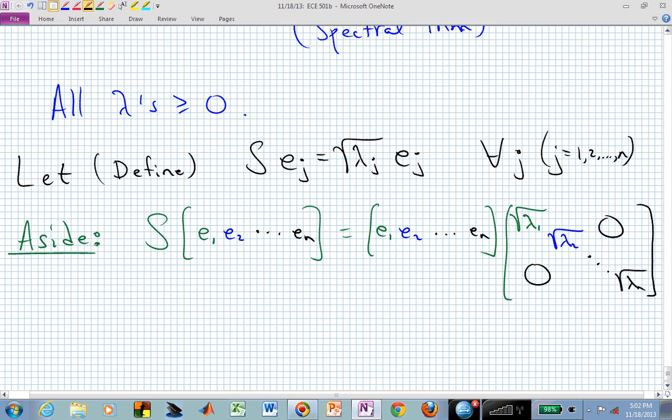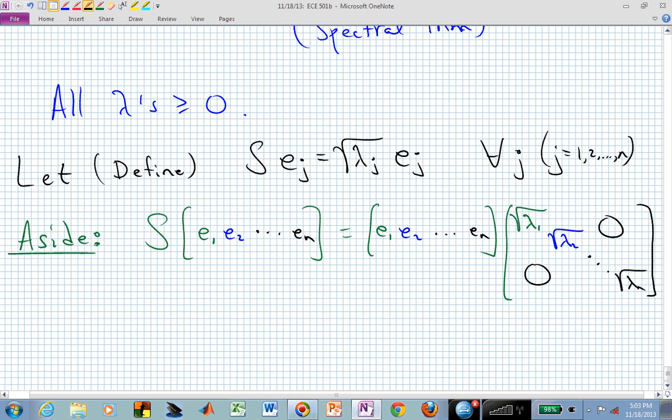They fill up the entire space, so they have an inverse. Meaning, I can now post-multiply on the right, on both sides of this equation, by the inverse of this orthonormal set of basis vectors. And that will give me my S.